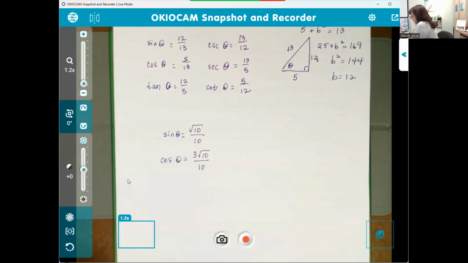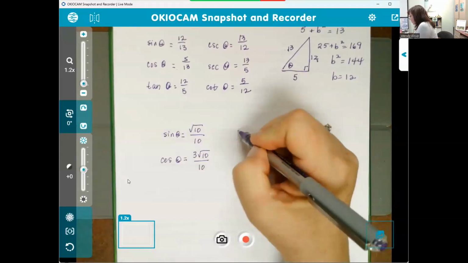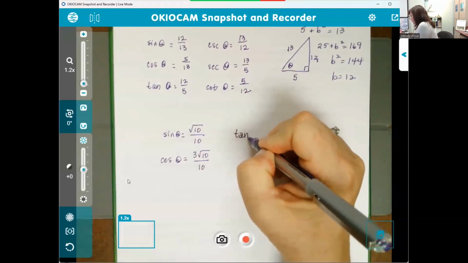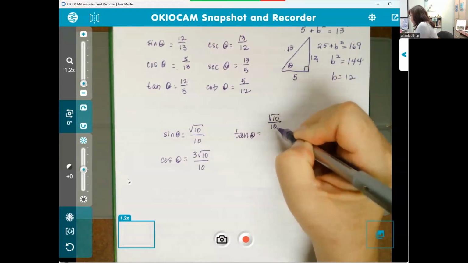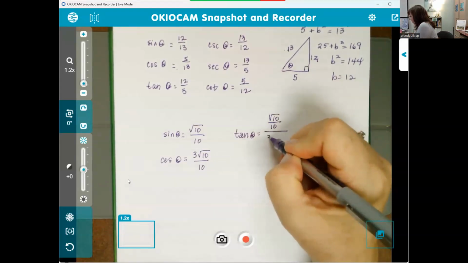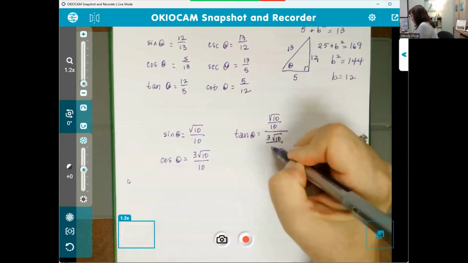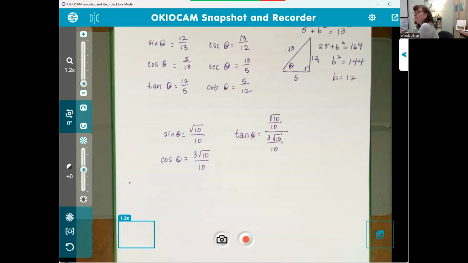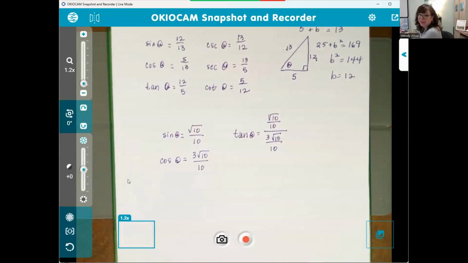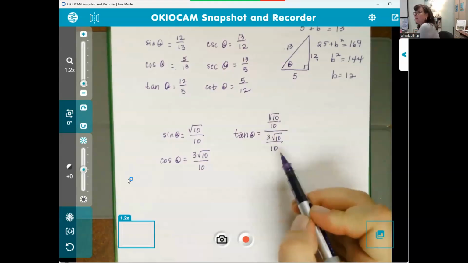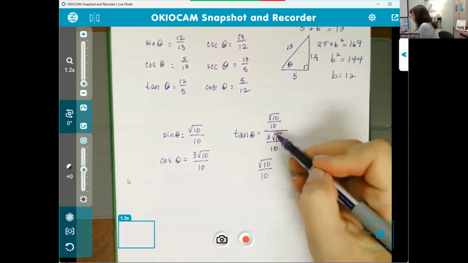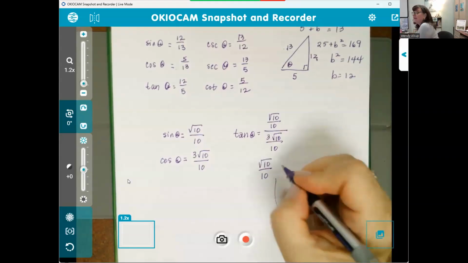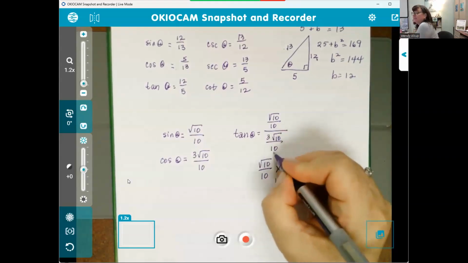Now we should have a rule that the tangent of theta is sine, so root 10 over 10, over cosine, 3 root 10 over 10. And we could use that. You need to remember all the things that you've learned in previous math classes. So how do you divide fractions? Well, this is root 10 over 10, the top, divided by the bottom, and we divide fractions by multiplying by the reciprocal.